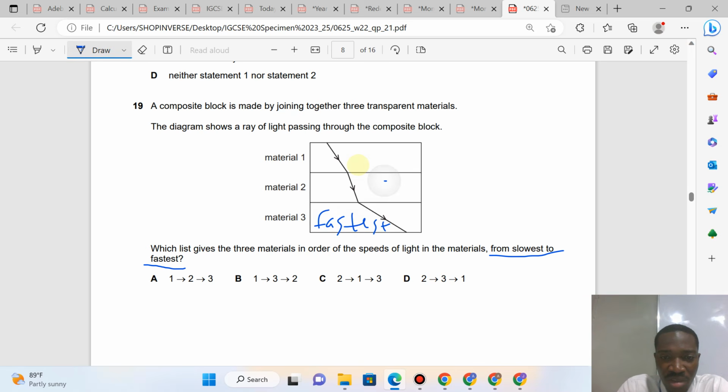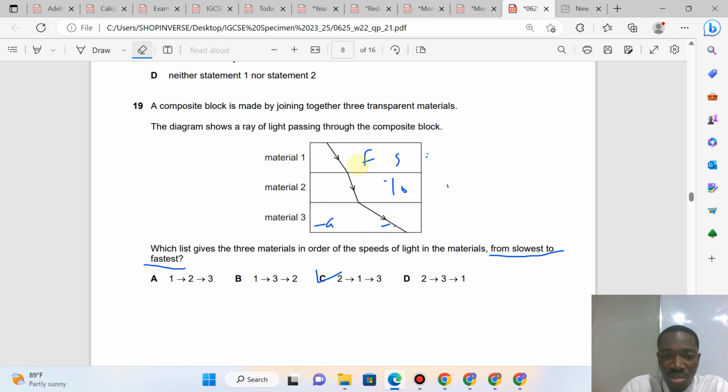So here the waves are slow, and here the waves are a bit fast, but not the fastest. So the order will be 2, 1, 3, because 2 is the slowest, followed by fast, which is medium 1, then followed by faster, which is medium 3. That makes option C the correct answer to question number 19.